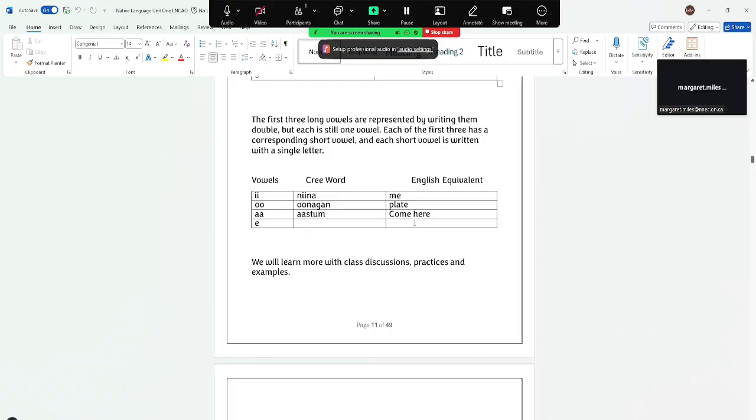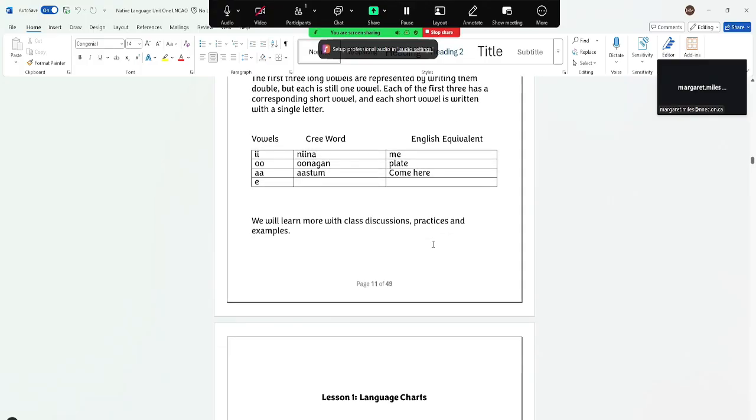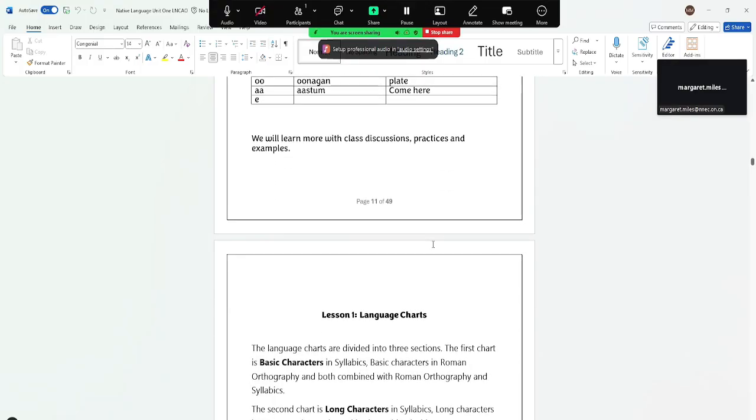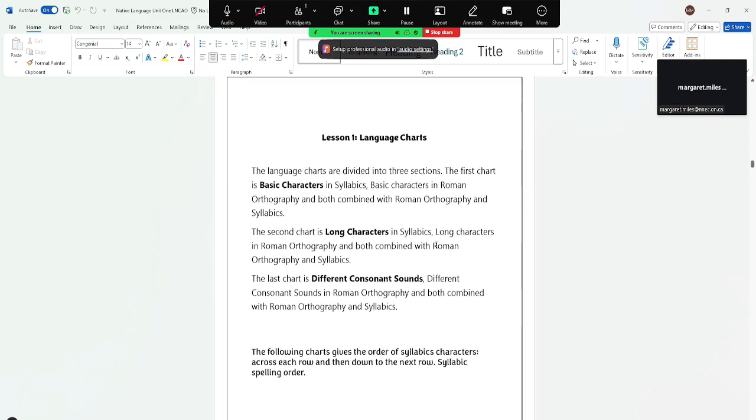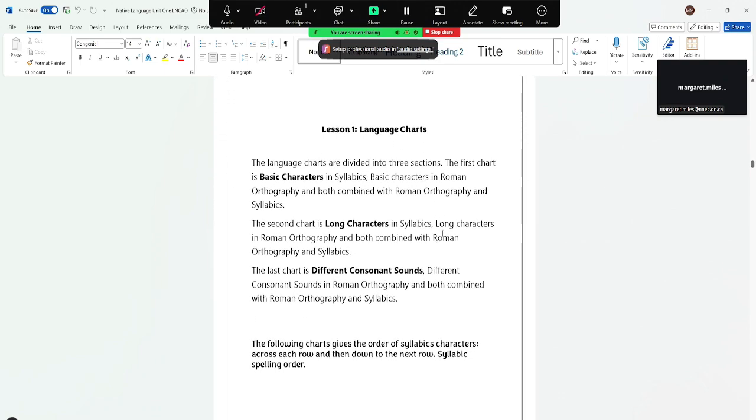So we will learn more during class discussions, and we will be doing practice writing and saying. So again, the language charts are divided into three sections: basic characters, Roman orthography, and syllabics.